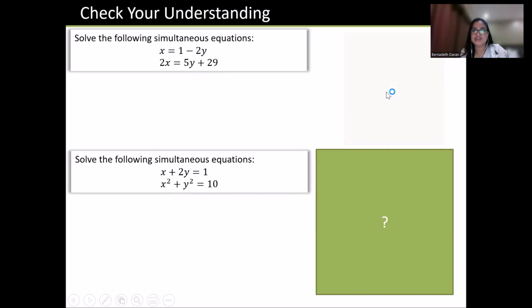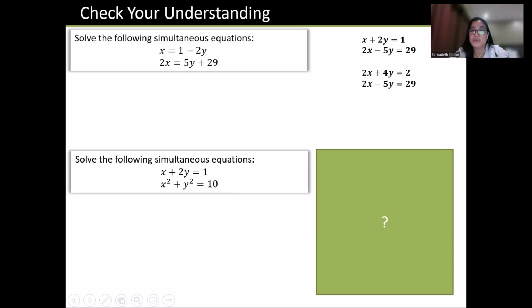Okay, let's try. First, we align the variables, right? So we write x equals 1 minus 2y as x plus 2y is equal to 1, and 2x minus 5y is equal to 29, so that our variables will be aligned with one another.